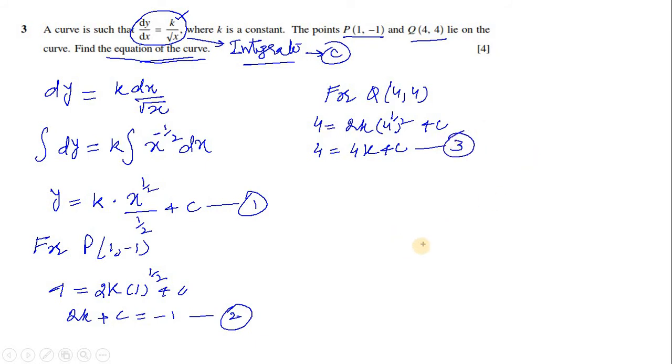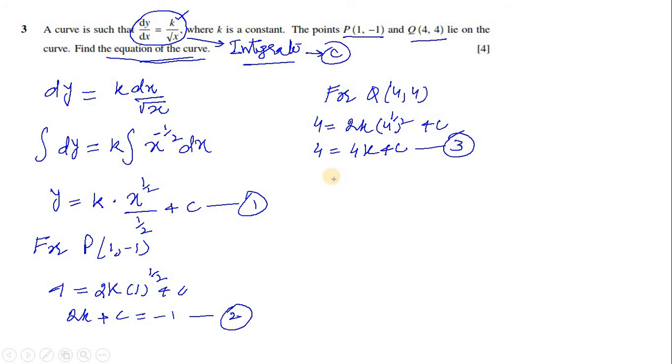And now we have two unknowns, k and c, and we have two equations, 2 and 3. We can solve these two simultaneously. These are simultaneous equations, so you can use the substitution method, or you can use the elimination method. Whatever method you choose, you will have to figure out c and k one by one. So let's subtract these two.